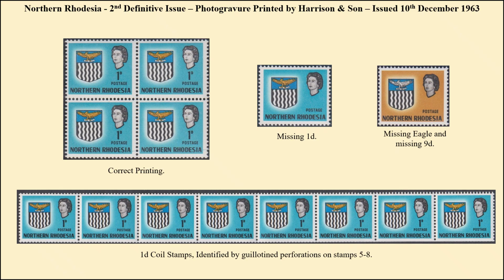And on the row at the bottom, this is from the coils for vending machines, and you can see that they're coils because they've been guillotined, leaving the last 3 stamps with more perforations on the one side than on the other.